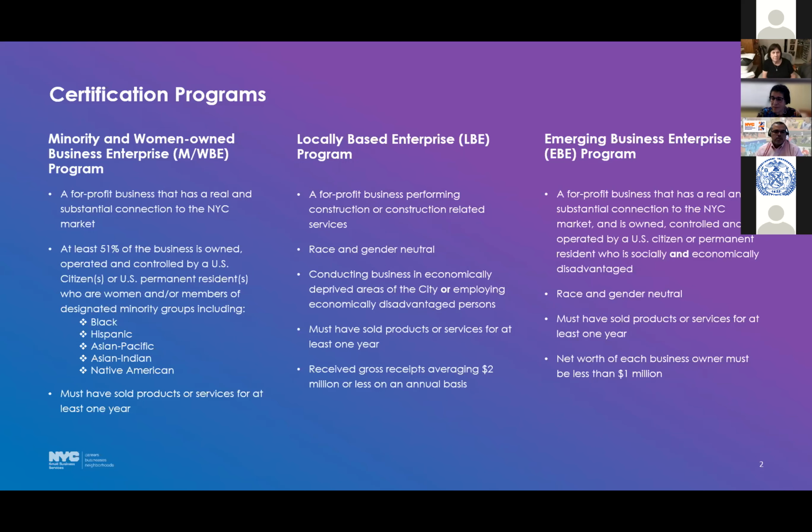The net worth for each business owner must be less than $1 million. Again, you need to have sold products or services for at least 1 year. And like I said, it is race and gender neutral. So these are the 3 certification programs we have.